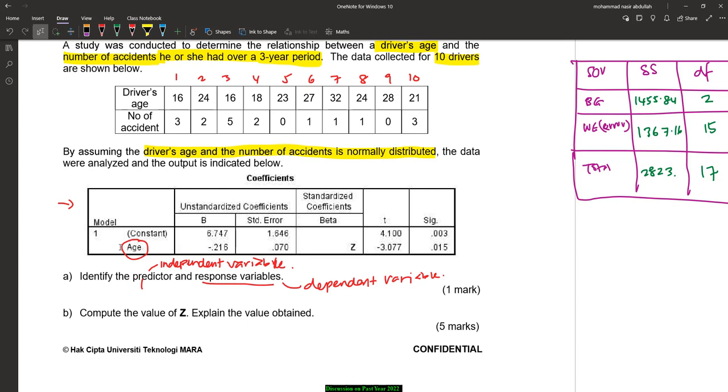Right. So this is another term for independent and dependent variable. So independent variable is age. Sebab kita nampak dekat sini dah ada age. Right. So very easy to identify. Response variable is number of accident lah. Number of accident. Right. 1 mark. Very easy to get.